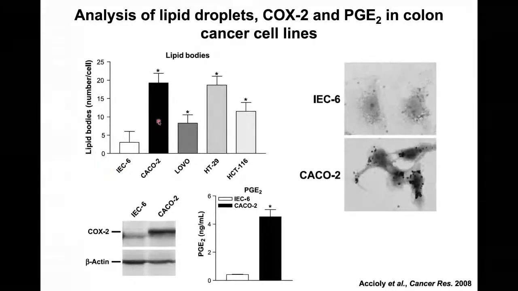What you see is that all the cancer cell lines present a high number of lipid bodies when compared with these non-transformed intestinal epithelial cells. What you see here in this micrograph, the black dots, are lipid droplets. Also, the cancer cells present a high expression of COX-2 and also produce more prostaglandin E.